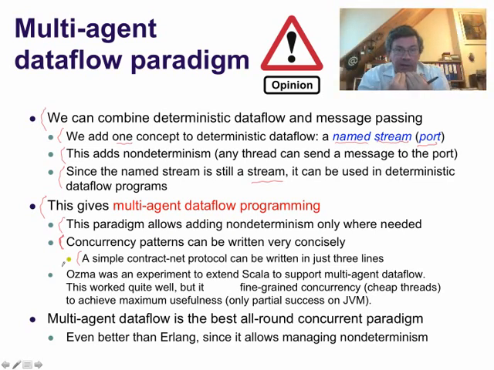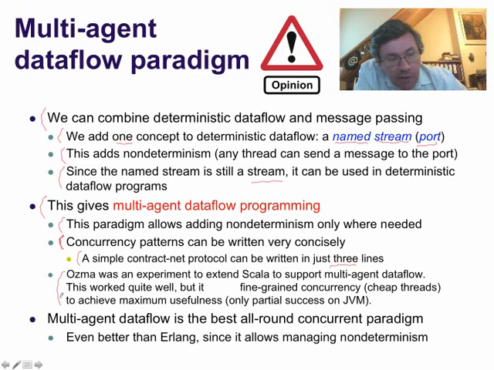You get the results back, you pick the best one, you accept it, you reject all the others. So this gives n messages going out, n messages coming back, n messages going out again. All of this can be written in just three very simple lines of code in multi-agent data flow programming, using a combination of ports and functional programming patterns.